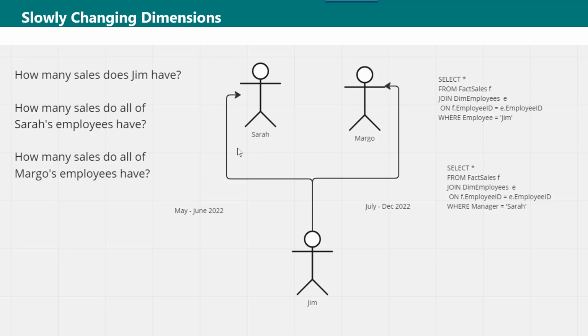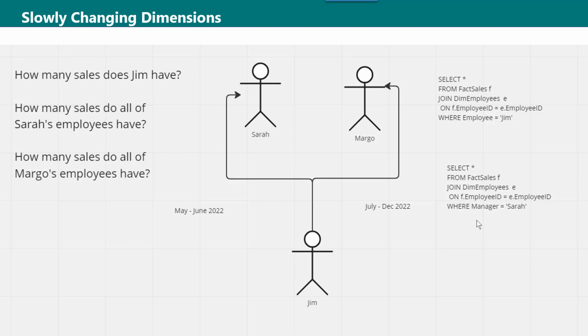But what happens if what we want to know is all of Sarah and all of her direct reports' sales, including Jim and 5 other people? So we say select star from fact sales where Dim employees, where the manager equals Sarah. That should go get Jim's sales.